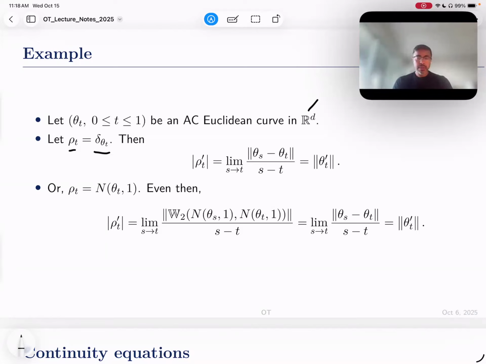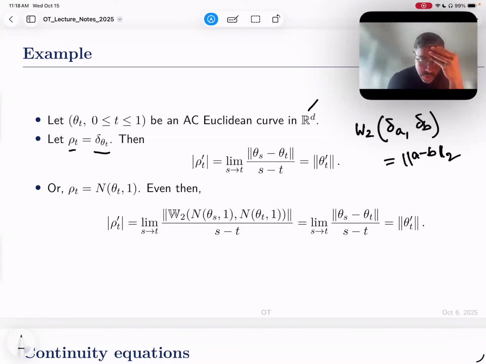Now, if I compute the W2 distance between two delta masses, it's of course the norm of A minus B, the 2 norm of A minus B. That's the only transport you can think of: carry the entire mass from A to B. So the W2 distance between rho t and rho s becomes the L2 norm of theta s minus theta t.